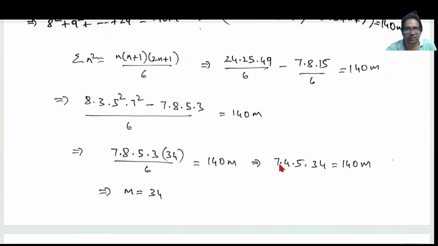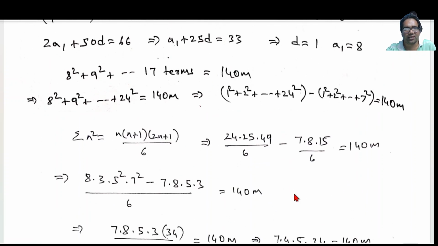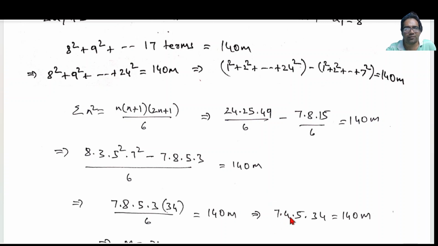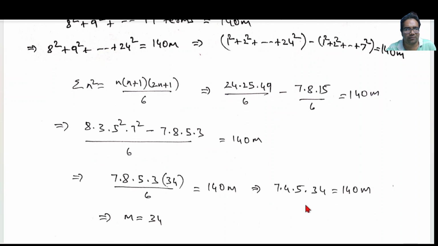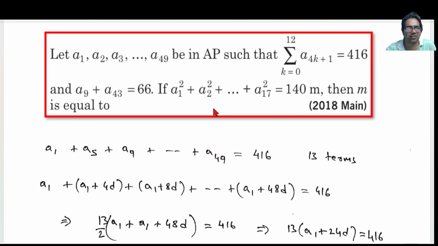But 4 into 5 is 20, into 7 is 140, again into 34. So this 140 and the 140 will cancel. We'll be left with m equal to 34. That is the answer. M is actually equal to 34.